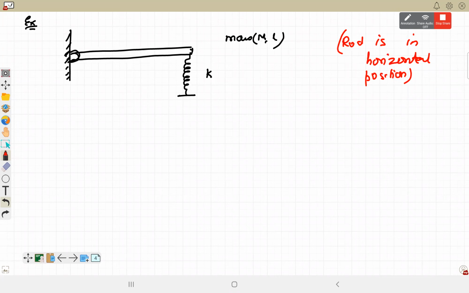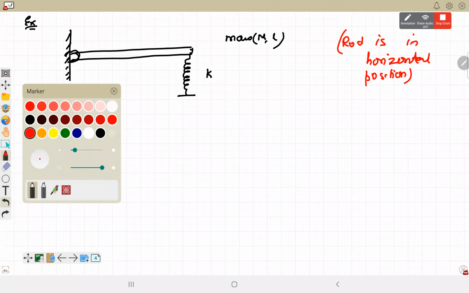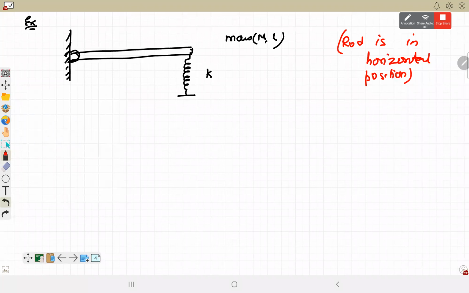Torque due to mg is balanced by the torque due to spring force, which is already compressed. But we will not calculate all that; we will assume that net torque is 0 because that's what the equilibrium position means. Second step is to give a small displacement. अब यहाँ पे एक spring भी है और एक rod भी है, so हम दोनों को आपस में relate कर सकते हैं.